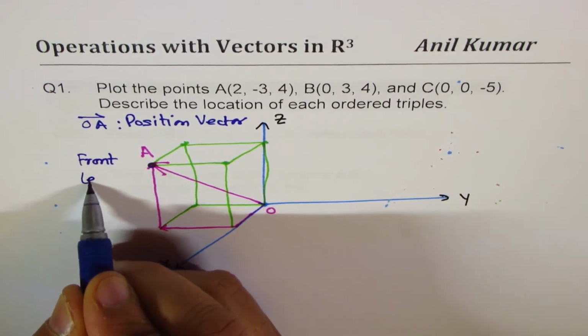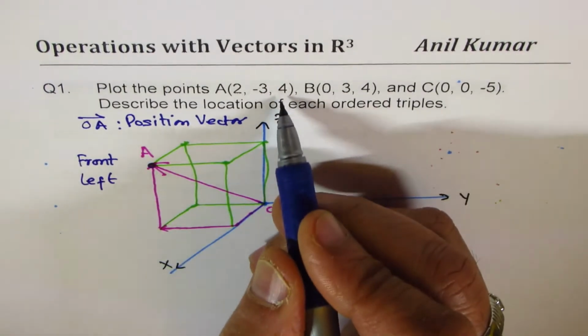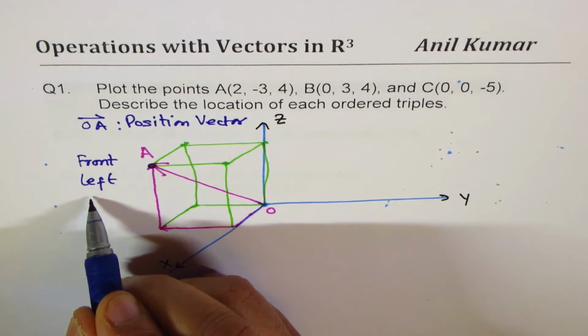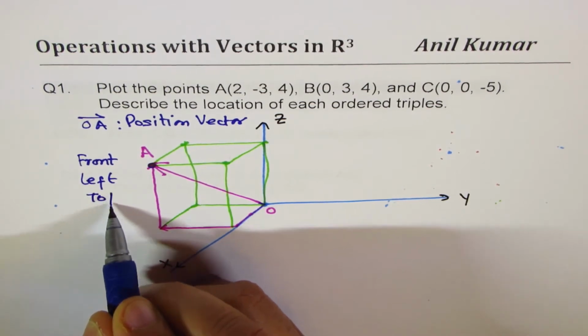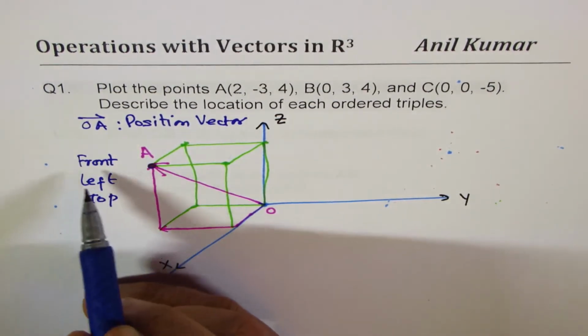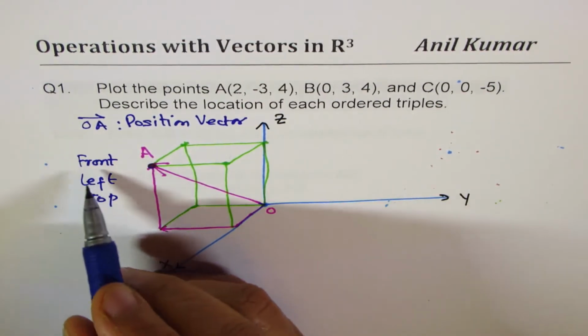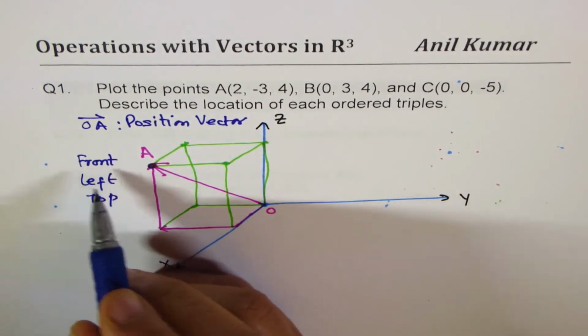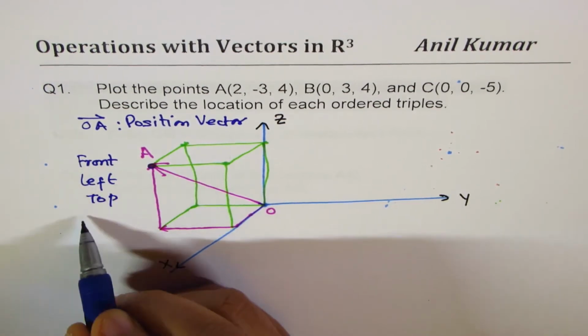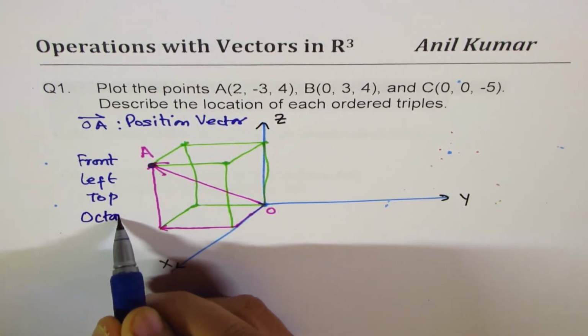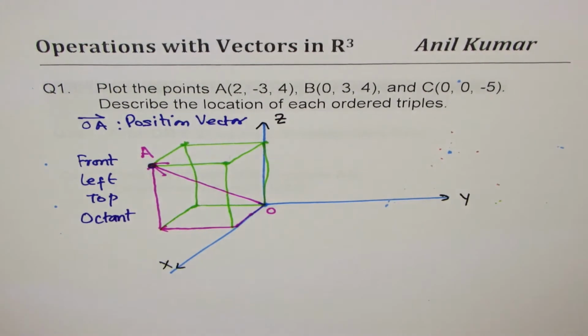So it's left, and we went above, so top or above. Sometimes we use the word top or sometimes above. So that becomes the position of A. This octant is the front left top octant. Is that clear? Okay, so we are done with the first one.